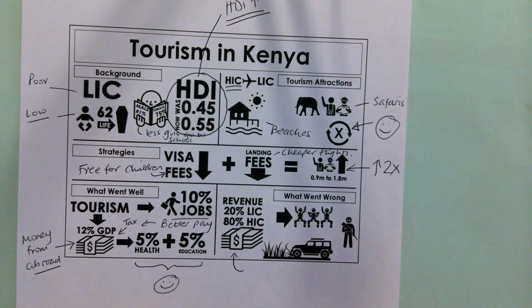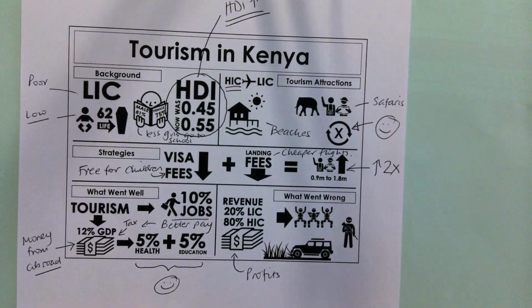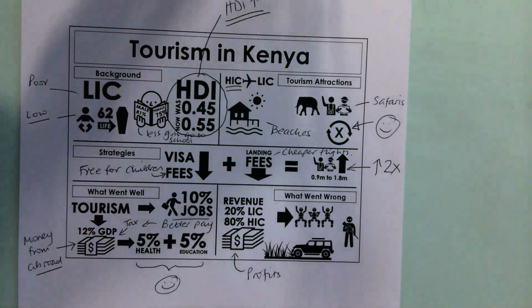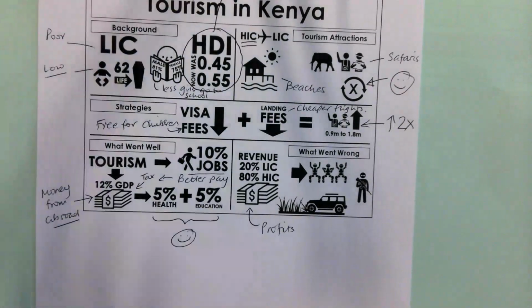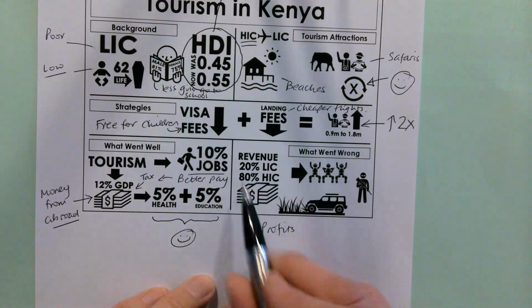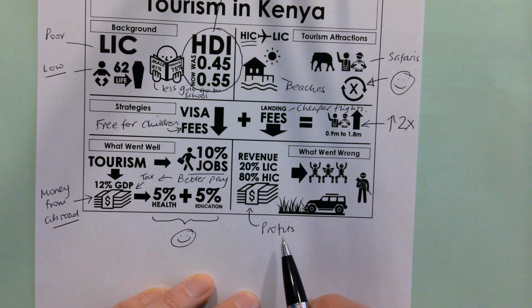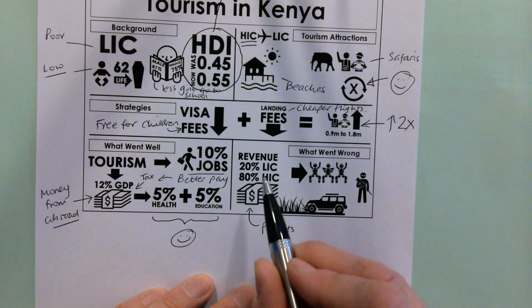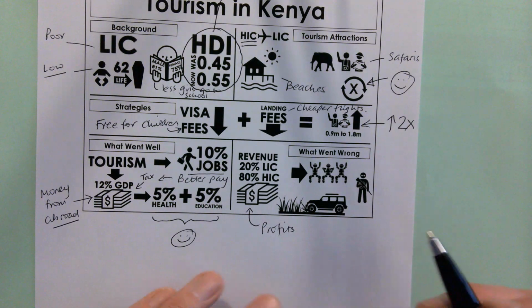Okay. Now, this negative here is about the profits from tourism. And a lot of the companies that promote tourism in Kenya are package holiday companies, and they're based in HICs. And so the amount of money that they get is 80% of the profits, whereas the LIC, Kenya, will only get 20% of the profits. Okay.